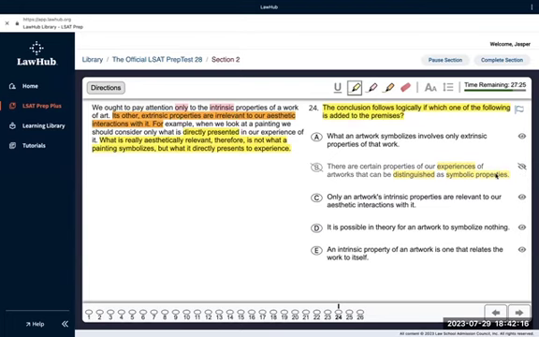C: only an artwork's intrinsic properties are relevant to our aesthetic interactions with it. So we still have intrinsic and aesthetic interaction, which are parts already mentioned in the argument.